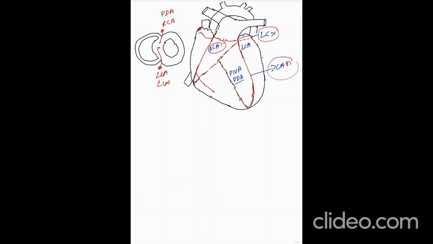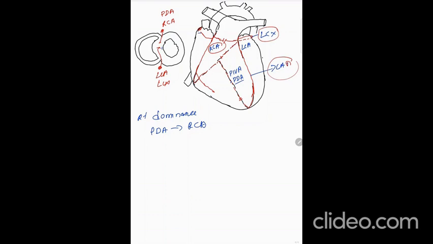Now, we have already discussed right dominance and left dominance. In right dominance, the posterior descending artery is a branch of the right coronary artery. But in left dominance, this PDA is a branch of LCX. So now I am going to tell you a clinical point. In a right dominant heart, the PDA, that is the posterior descending artery, is a branch of the right coronary artery.